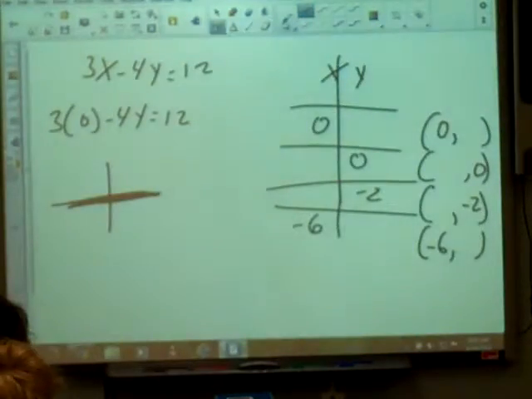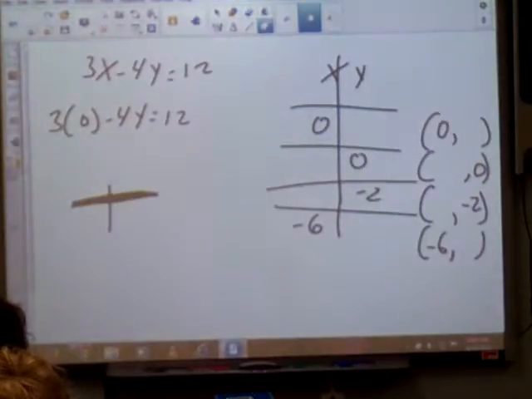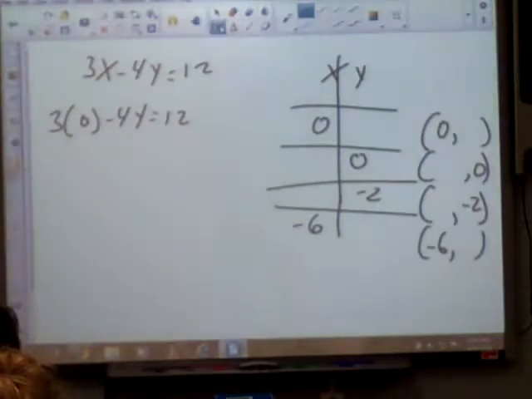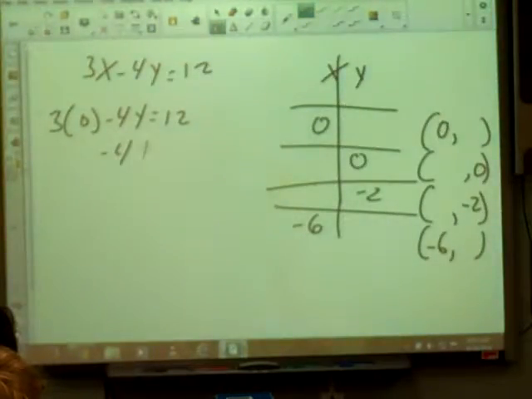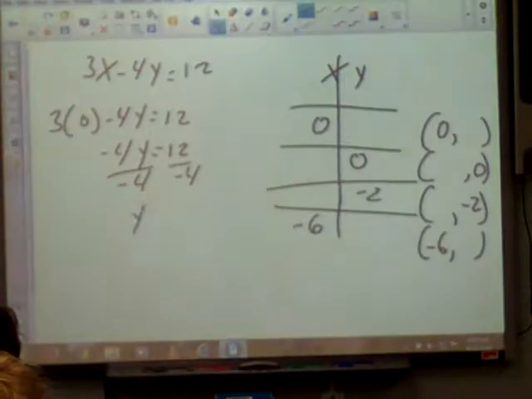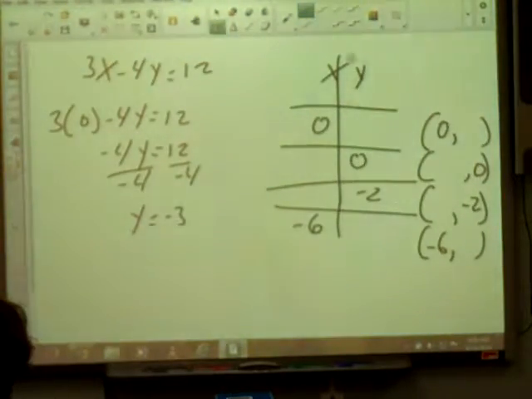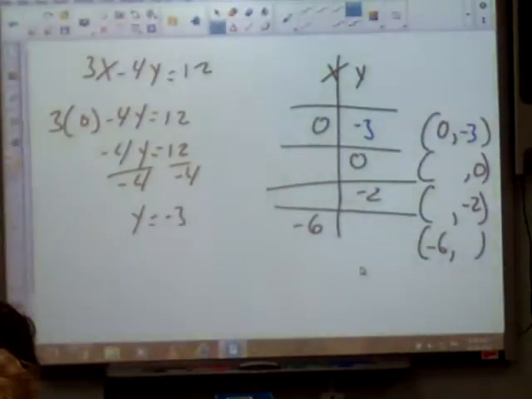That's going to be your intercept. We'll get into that in just a second. 3 times 0 is 0, so I could write 0 minus 4y, or I could just leave it off altogether. So when x is 0, you should have gotten a y of -3. So we know that line has to go through the point (0, -3).